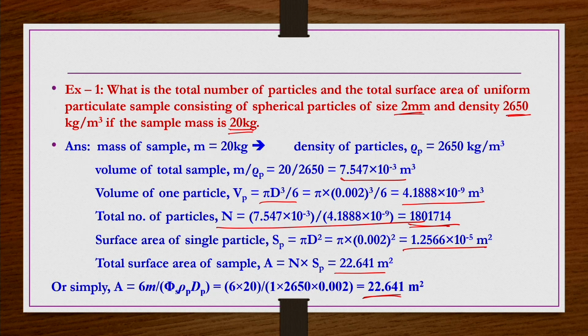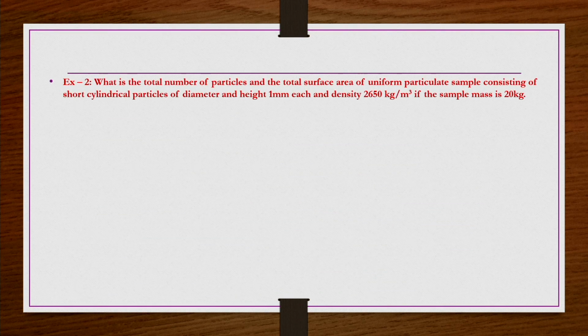Now, we take another example. Here we take short cylindrical particles of diameter 1 mm each, rather than spherical particles, and the density is the same, 2650, as in the previous problem, and the mass is also 20 kg as in the previous problem.